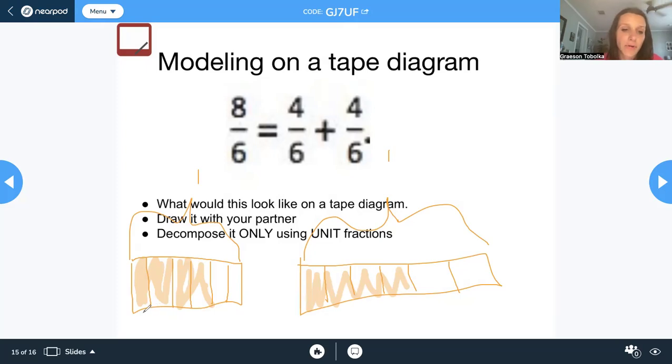So if we have 4 sixths, and we have 4 sixths, we have how many sixths? We have 8 sixths. Good. Because our numerator is how many are shaded and our denominator is how many are equal to one whole.